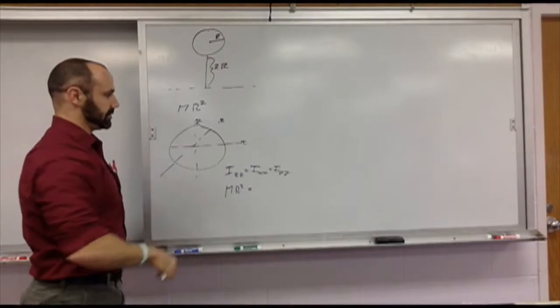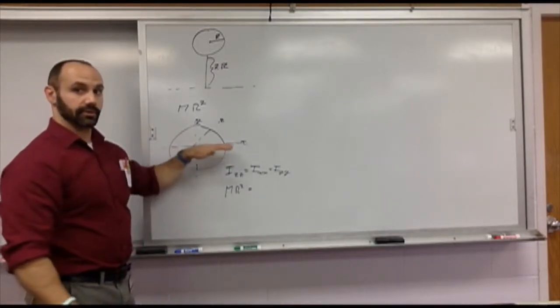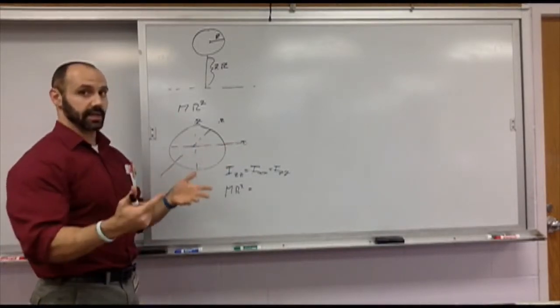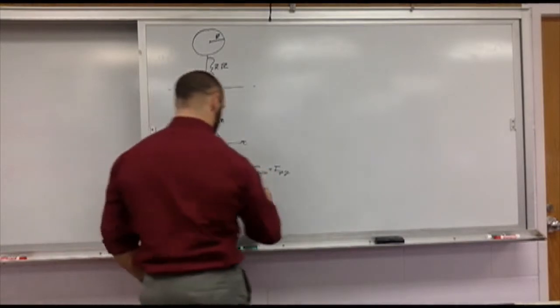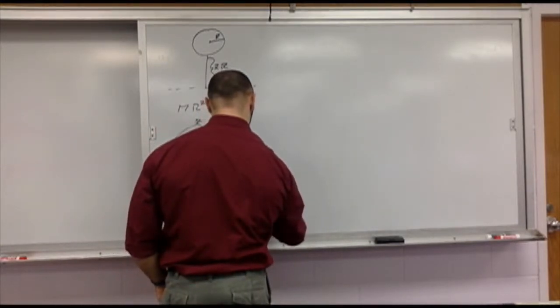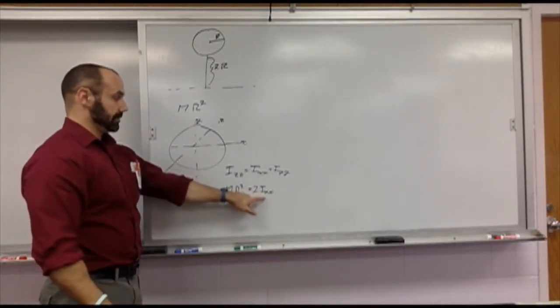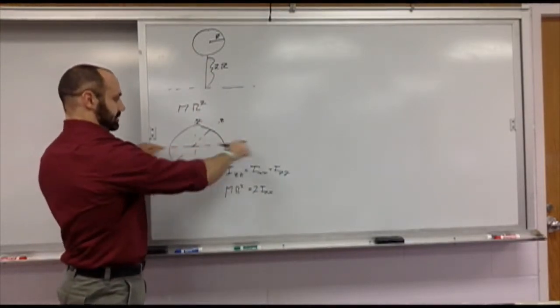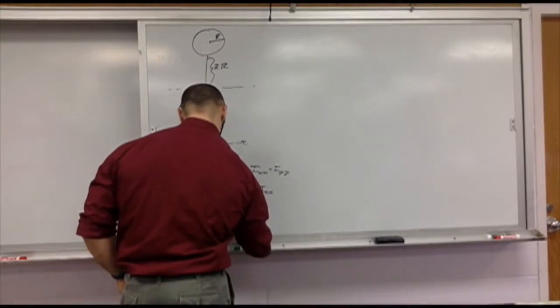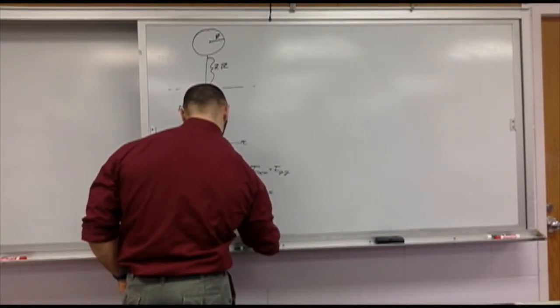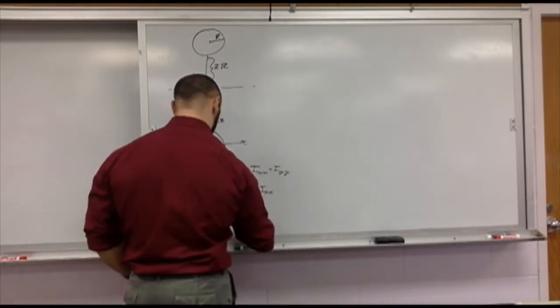Because of the symmetry, the moment of inertia around this axis and this axis is the same, and so these two are equal to each other. So this is just 2Ixx. So now I see the moment of inertia around this axis is 1/2 mr squared.